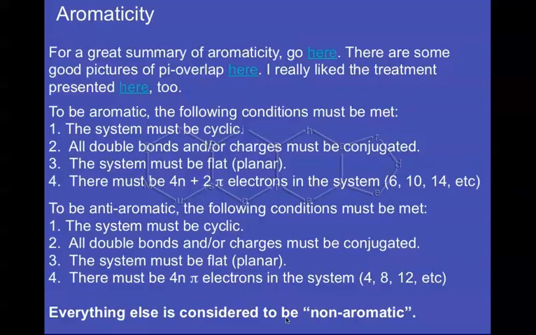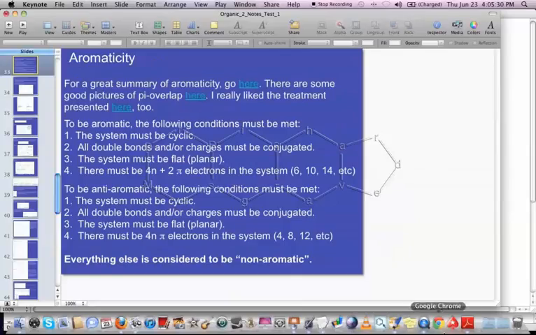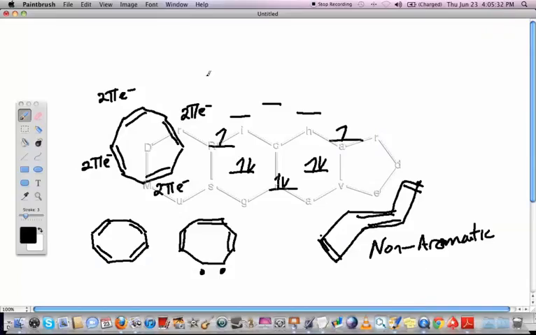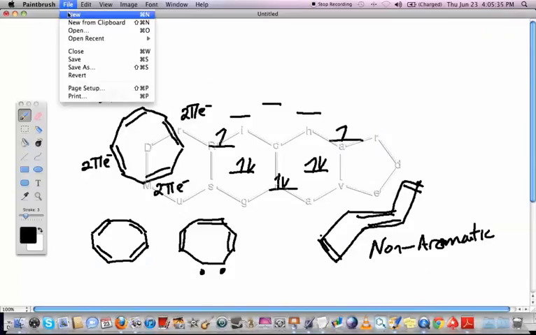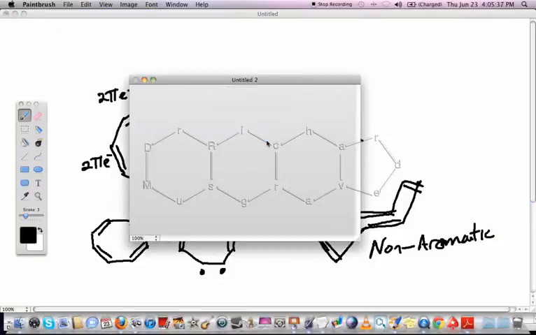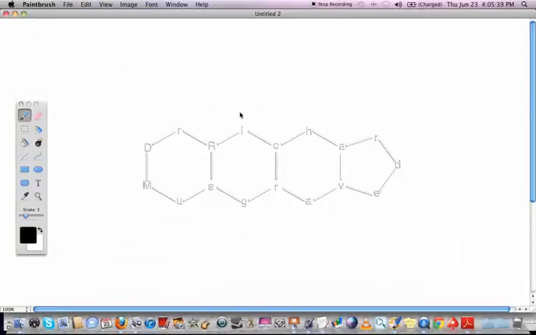So let's take a look at some examples of those and just try and summarize what we've learnt from this introduction. Now what we learnt was that with benzene, our energy level diagram looked like this.